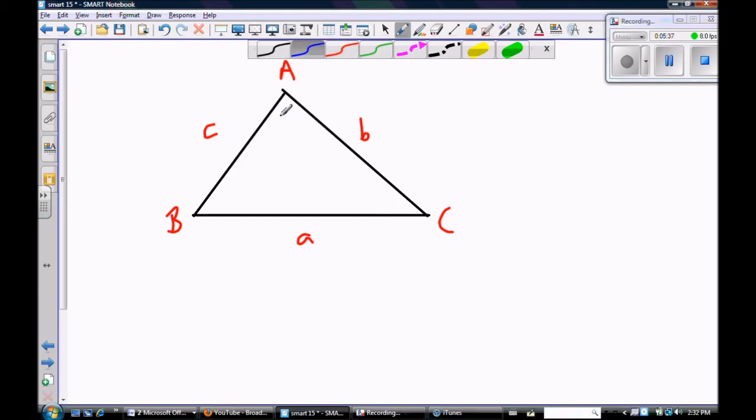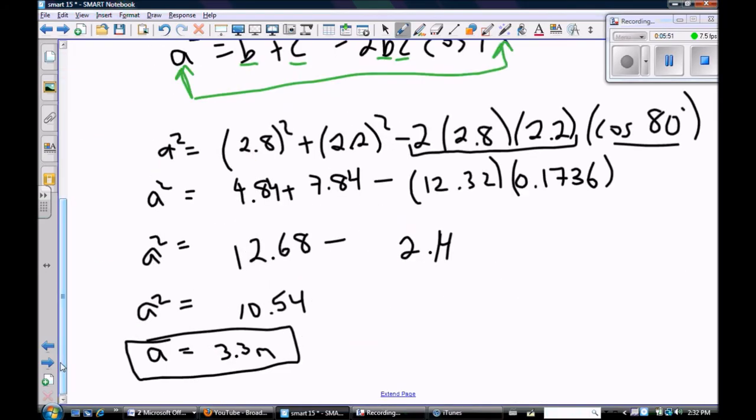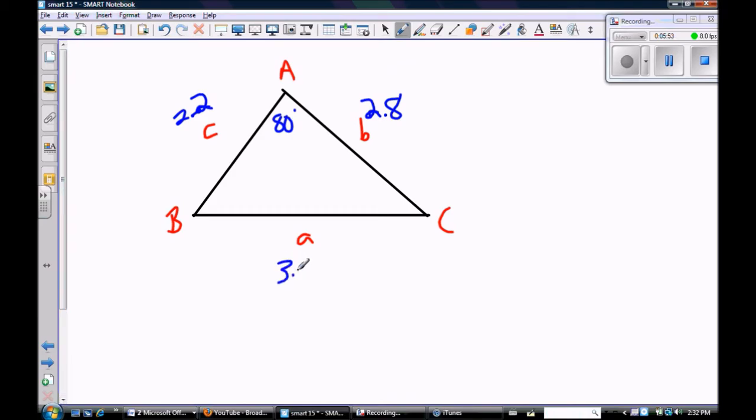We know the following values. We know that this is 80 degrees. We know that this side is 2.2 meters. We know that this side is 2.8 meters. And we've just found that the length of A is 3.3 meters. Okay, so what can I do now to find the measure of angle B and the measure of angle C?